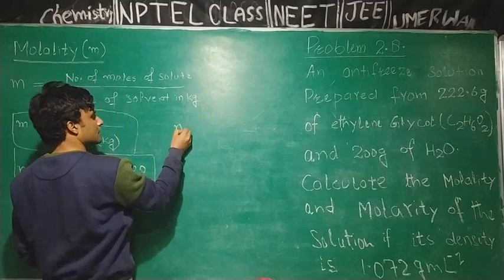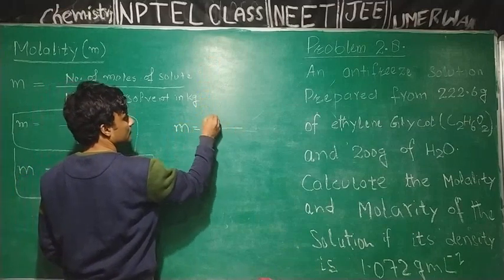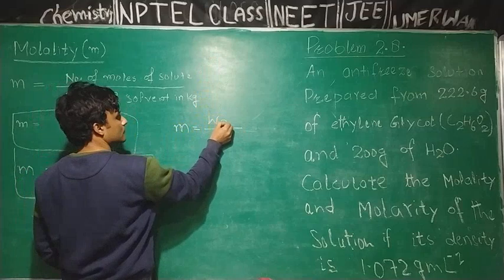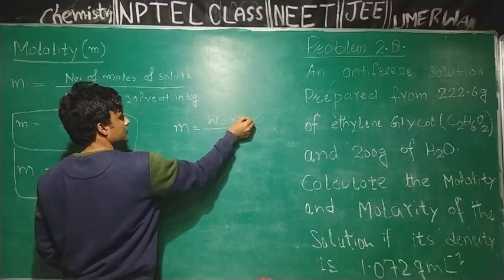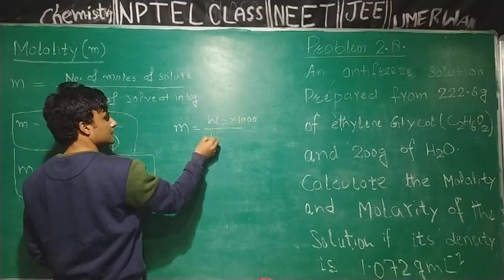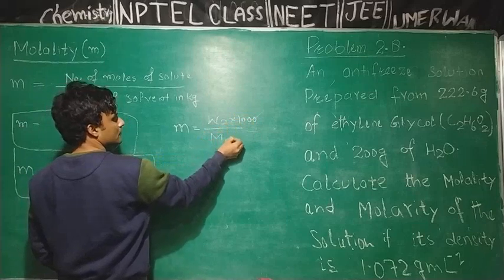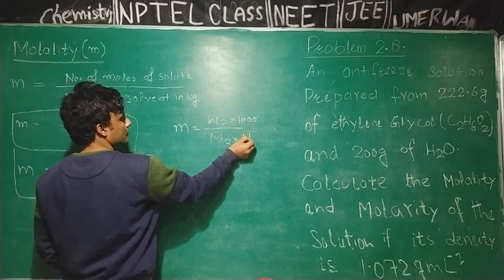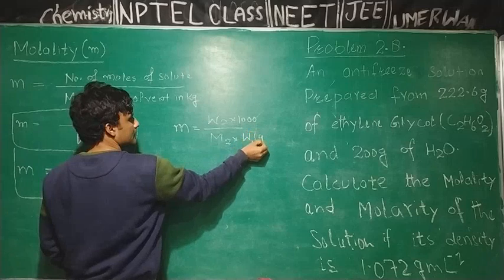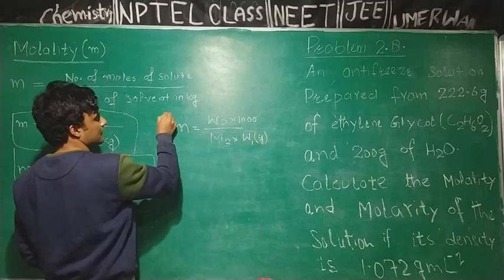I will write here M is equal to W2 multiplied by 1000 divided by M2 multiplied by W1 but in grams, weight of solvent but in grams.